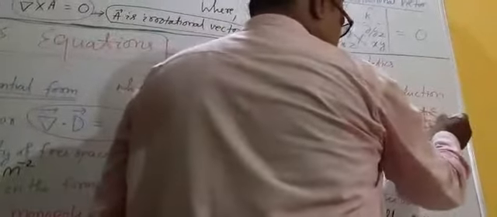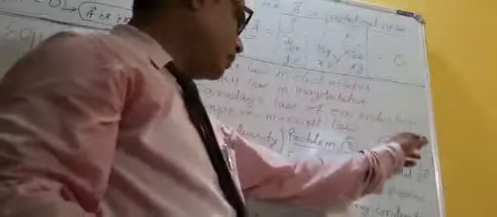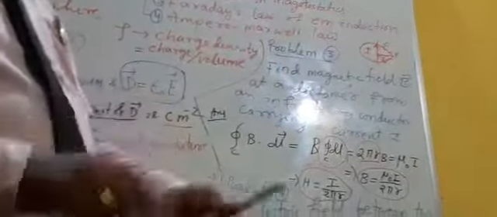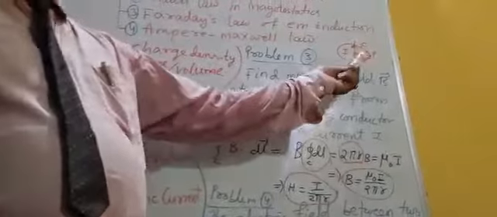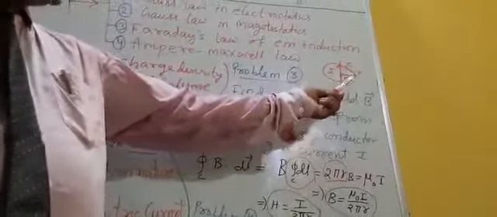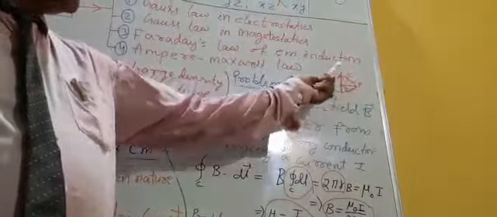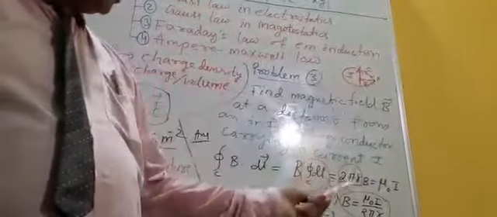So what is the integration of dl over the total loop? It is 2 pi r. So dl is the length in the loop, not in the conductor. dl is the length of the loop that covers the point P.